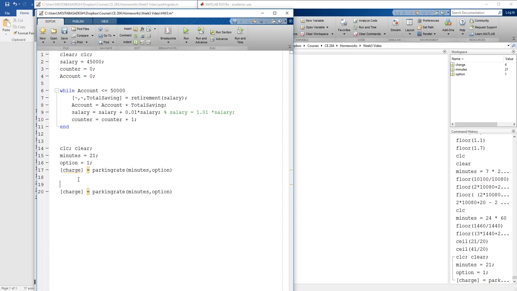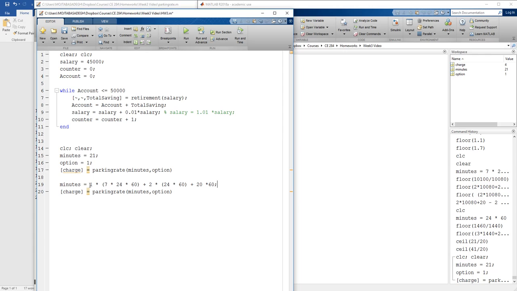So minutes now becomes 1 week, which is 1 times 7 days, 24 hours, 60 minutes, plus 2 days, each day is 24 hours, each hour is 60 minutes, plus 20 hours, which is 20 times 60 minutes. This is 1 week, 2 days, 20 hours.